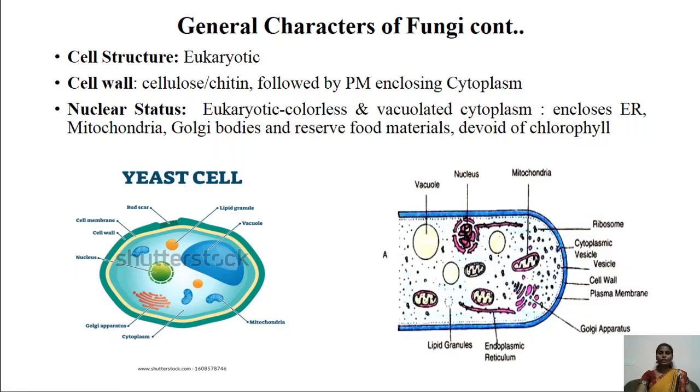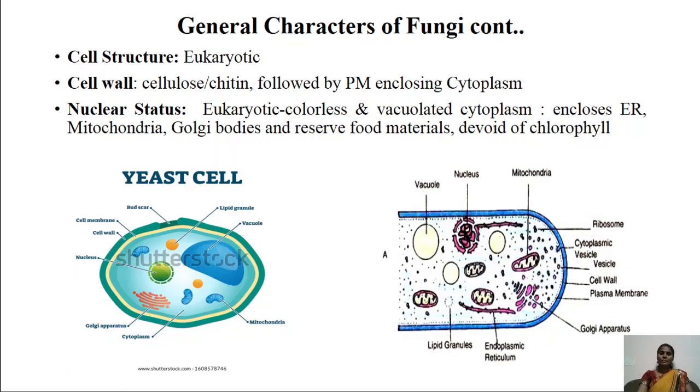So the cell structure of fungi is eukaryotic in nature, and the outermost layer is called the cell wall. The cell wall is made up of cellulose. In the case of fungi, a special type of cellulose called chitin is present. Next to the cell wall, there is a thin membrane called either the plasma membrane or cell membrane, which internally encloses a colorless liquid called cytoplasm.